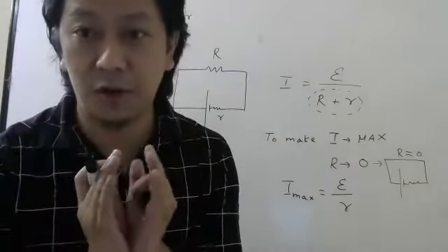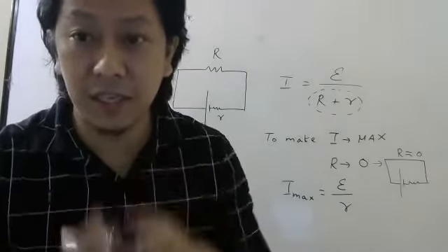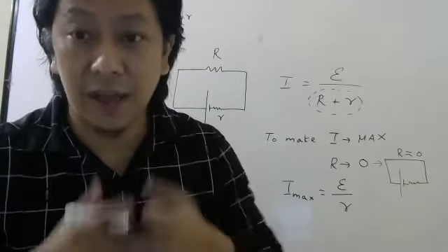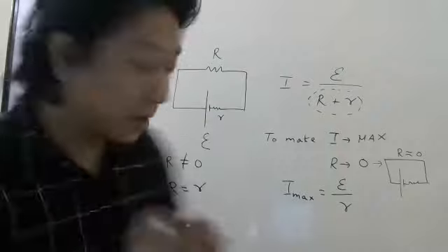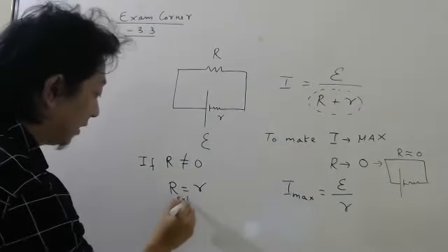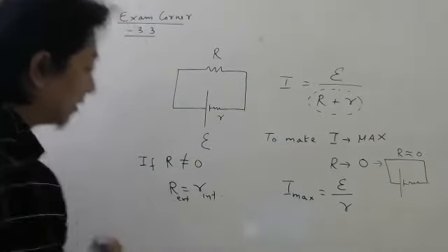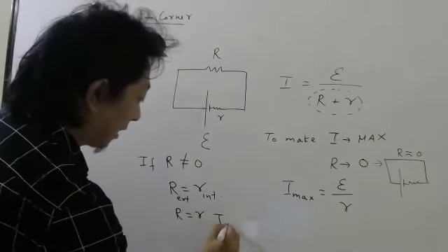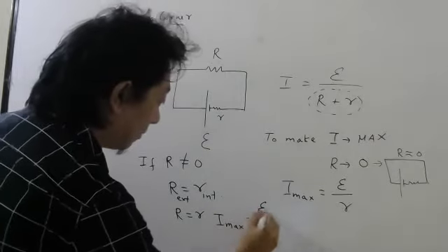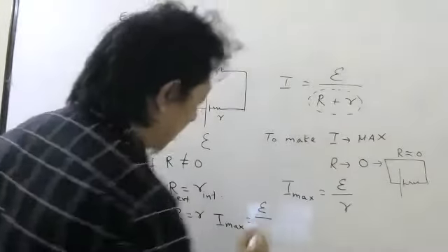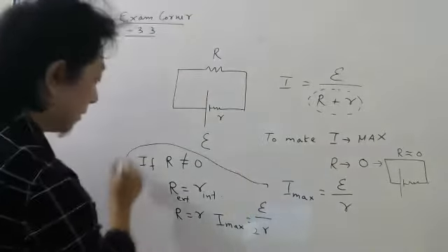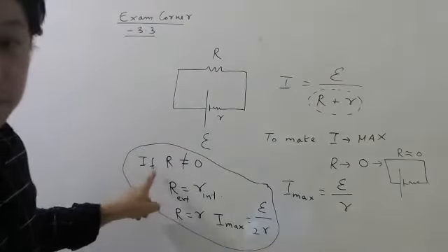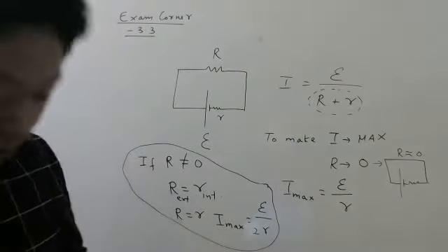It's very, very important. Maximum power is given by the battery to the external resistance when external resistance equals internal resistance. So in that case, your R should be equal to small r, then your maximum current will be E by small r plus small r, that is E by 2r. So if there is some condition mentioned, then this is the answer. Okay.